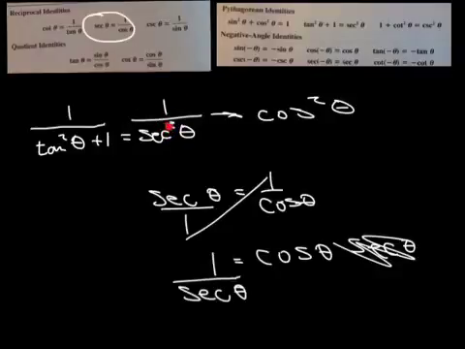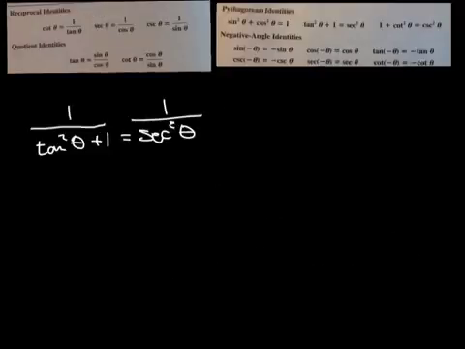That's why I put a 1 above these, because now I've got a reciprocal of the cosine. Instead of having this here, I'm going to get the cosine squared of theta because they're equal to the same thing. So all that work just in order to get rid of secant and get myself over to cosine.